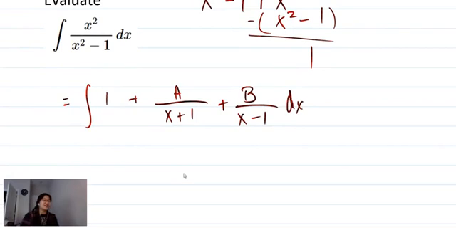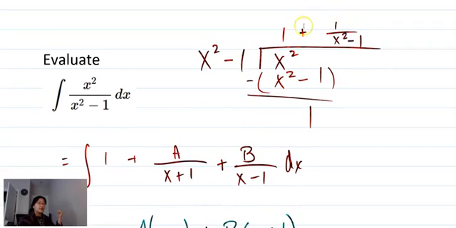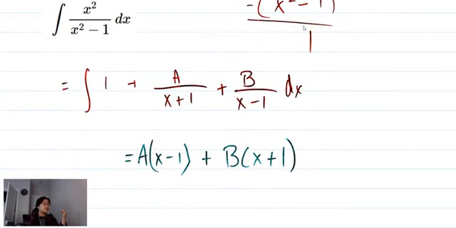I thought that didn't make sense at all. Why would the last example in the partial fraction decomposition not be a partial fraction decomposition? It's silly. Okay, so we have a times x minus 1 plus b times x plus 1, and that equals, what did we have in our numerator? We had a 1, so that equals 1.